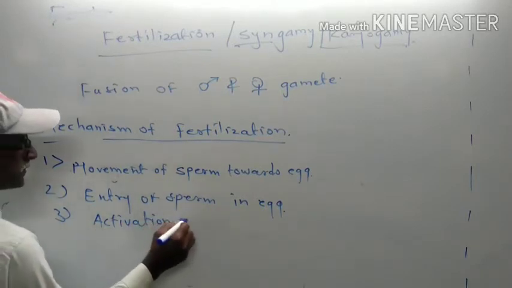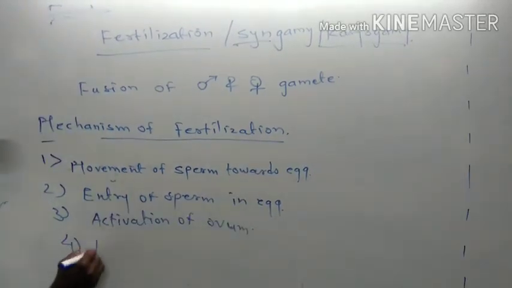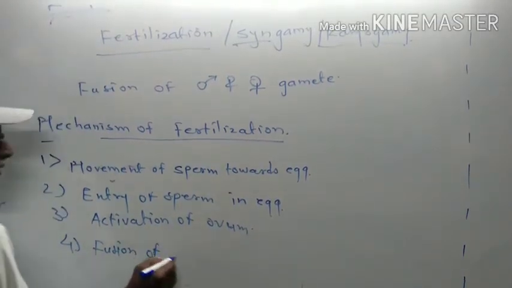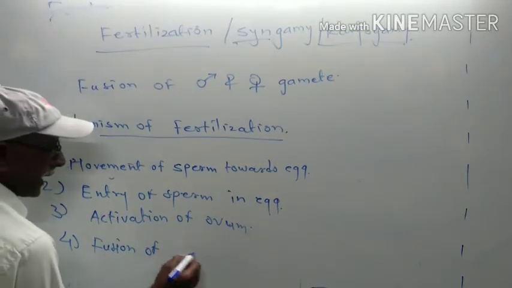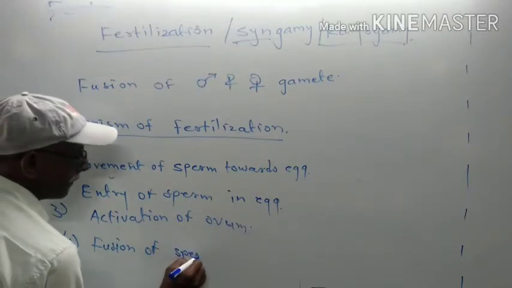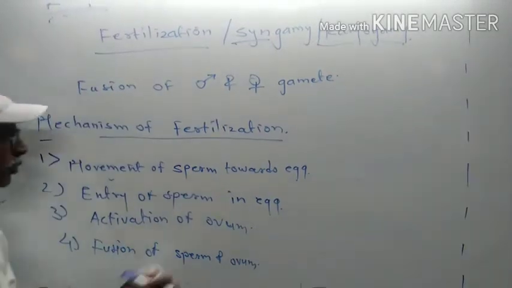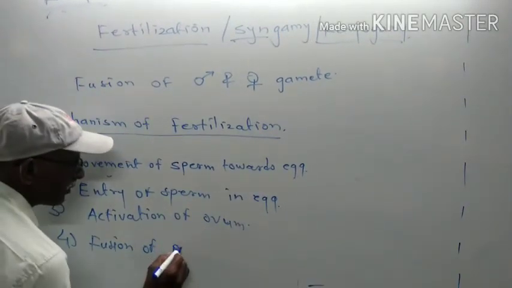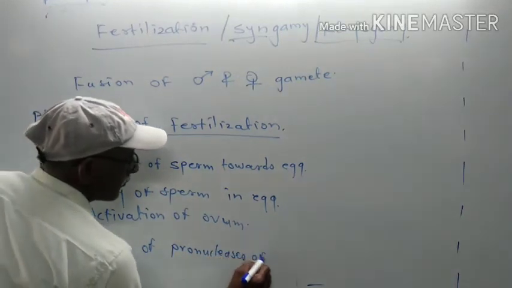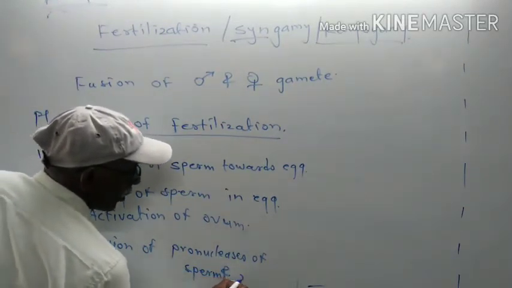And the fourth one is fusion, the fusion of sperm and ovum, or the fusion of pronuclei of sperm and ovum.